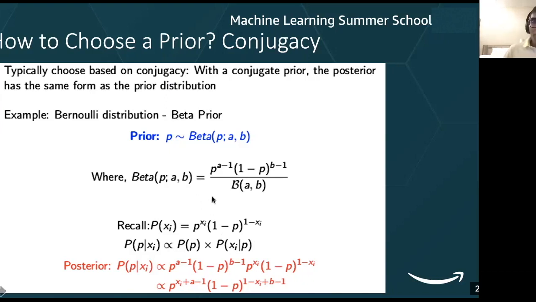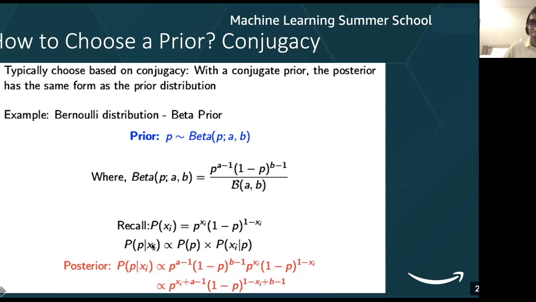So for the coin toss problem, once again, we assume P to follow a beta distribution, which is characterized basis this expression here. And then recall that we have the likelihood, which is given by this particular expression for, let's say, the likelihood for the ith trial.